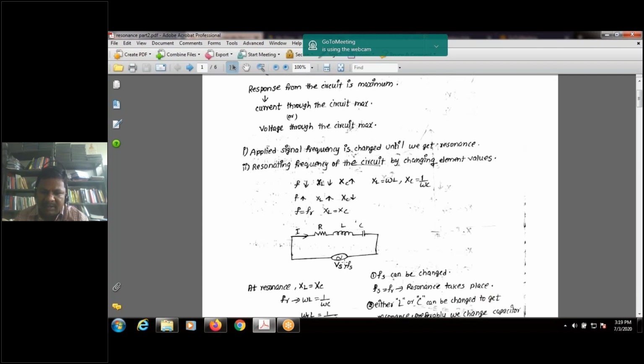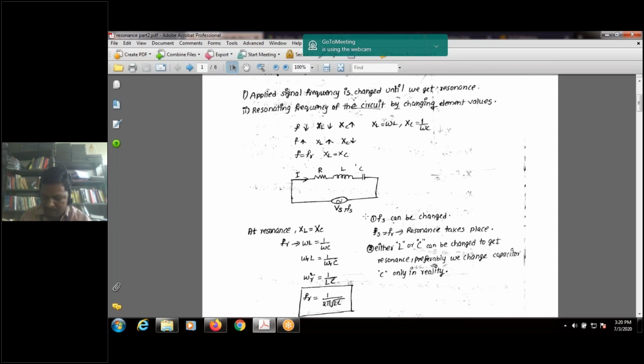And coming to here, it is a series circuit. This is a series resonance circuit. Here the applied voltage Vs and the frequency Fs. These three elements are connected in series: resistor, inductor, and capacitor. And the resultant current is I. Okay, in last class we already know the simple operation, and also we know that at resonance, the two reactances are equal.